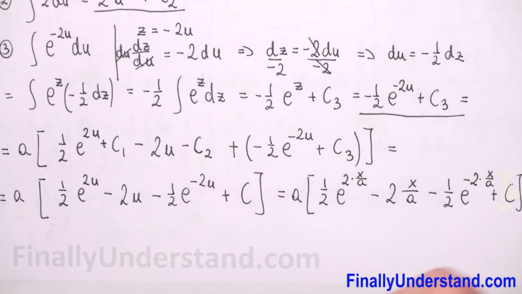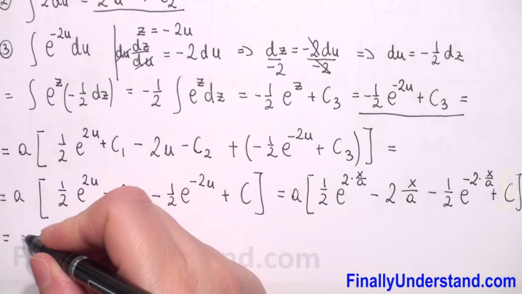This is equal to. Now we can factorize 1/2, and we can put outside the constant because a is a constant and c is a constant. So a times c, it still will be a constant. So I can put it after the brackets.